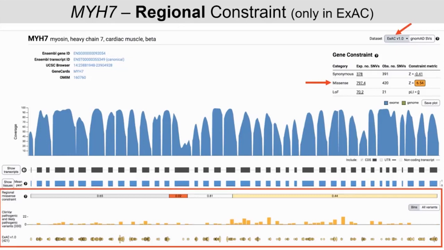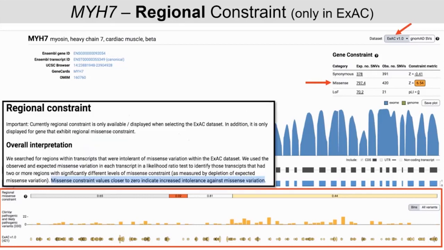where you have this regional missense constraint bar. In this case, it's on a score of 0 to 1, in which case missense constraint scores closer to 0 indicate this region is more intolerant against missense variation. So for this gene, you can see that the first part of the gene, as this gene is read 3' to 5', so this yellow part here, has more constraint for missense variation than the rest of the gene.